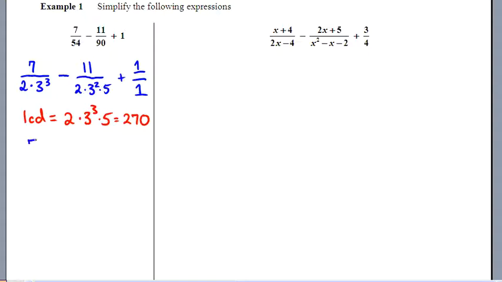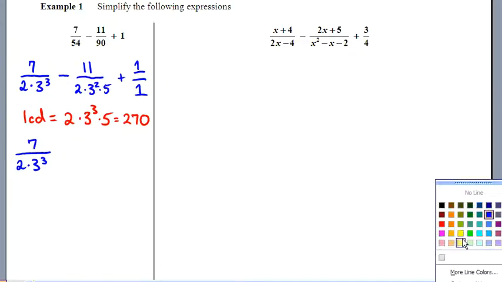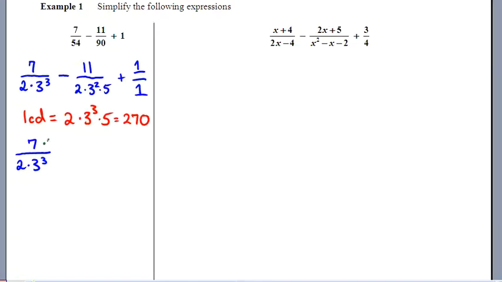That first fraction, the 7, sitting on top of the 2 times the 3 cubed. It's pretty good, but it doesn't have the 5, so we're going to have to bring in a 5, but it's got to be top and bottom, because I don't want to change the value of that fraction. So I'm not actually multiplying by 5, I'm multiplying by 1, if it's 5 over 5.